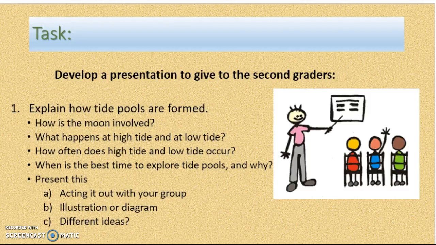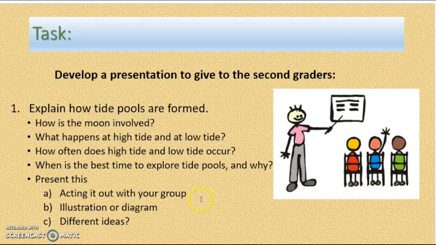So our task is going to be developing a presentation that you're going to give to the 2nd graders. That's your project. And you're going to, for the first part, explain how tide pools are formed. And you're going to talk about how the moon is involved and what happens at high and low tide, how often they occur, and the best time to explore tide pools and why that is.